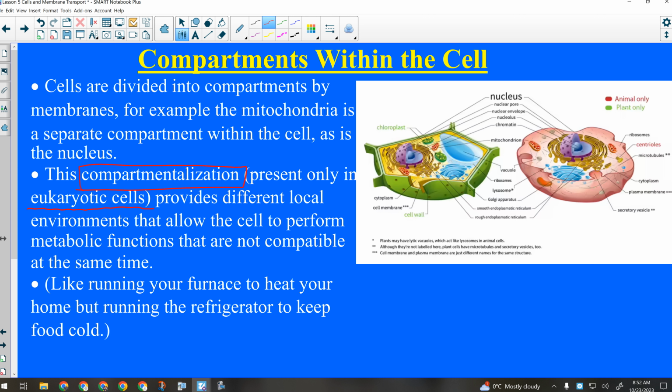So compartmentalization simply means that there are different compartments or environments within the cell. That would be each of the organelles in there. And inside each one of those organelles are the perfect conditions for the job that organelle does to be carried out. Only eukaryotic cells, that is cells that have organelles and a nucleus, obviously have compartmentalization.